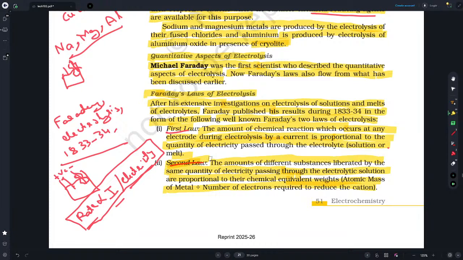The amount of different substances liberated by the same quantity of electricity passing through the electrolytic solution is proportional to their chemical equivalent weight.